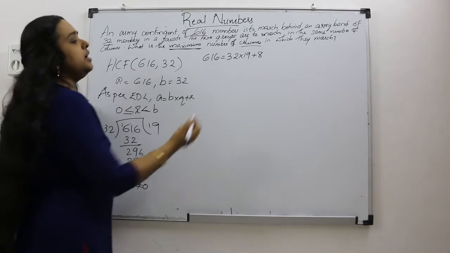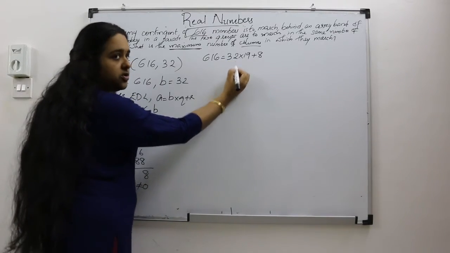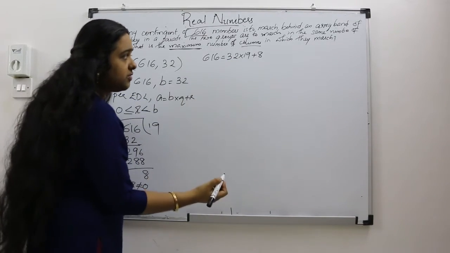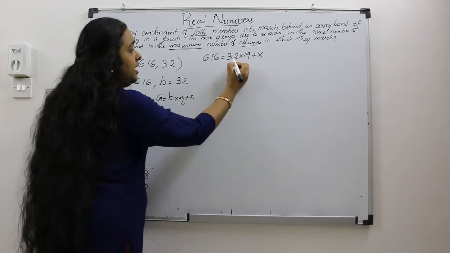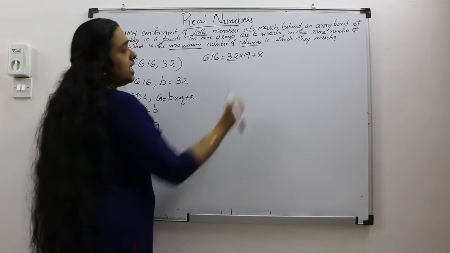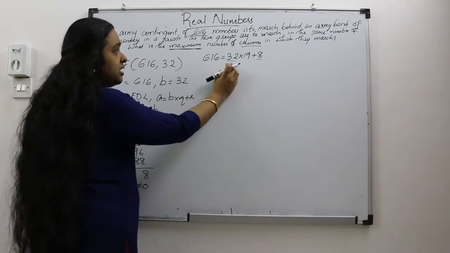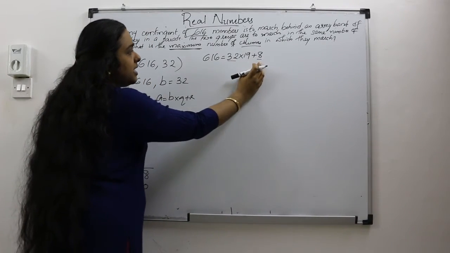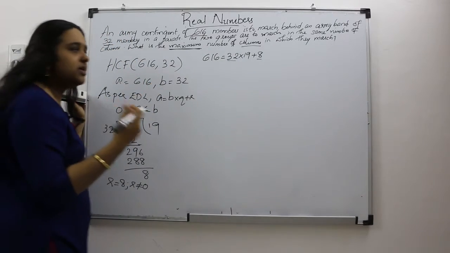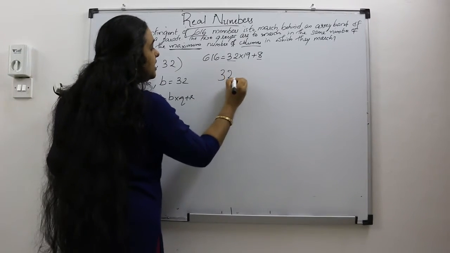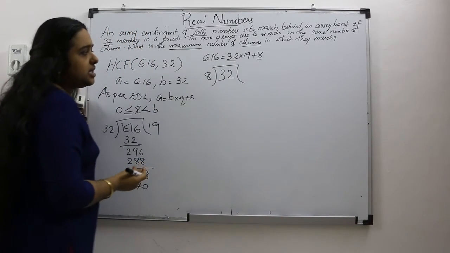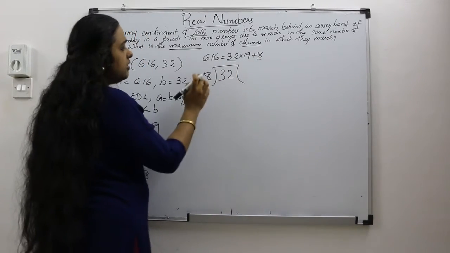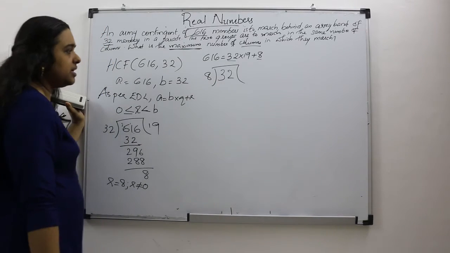If the remainder is not equal to 0, we continue the division until we get the remainder 0. So we take 32 and 8 as the two terms for division: the highest number, 32, as the dividend, and the smaller number, the remainder, as the divisor.